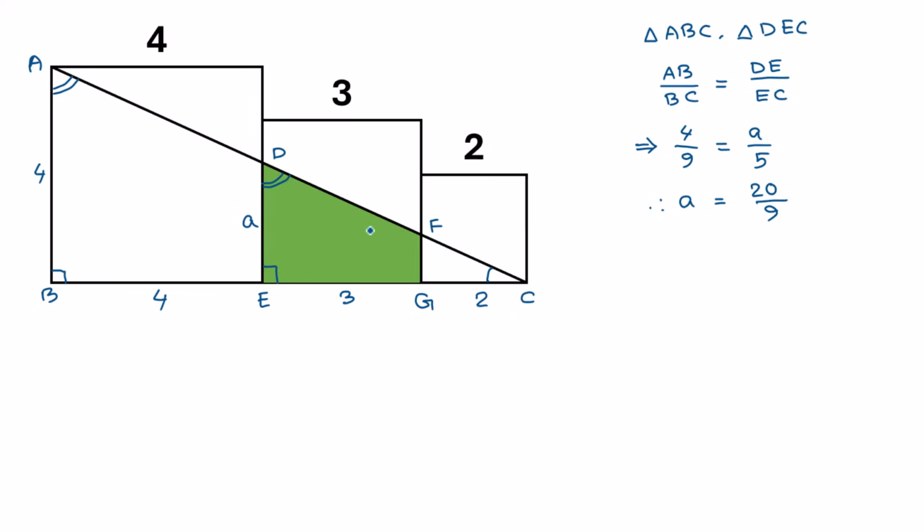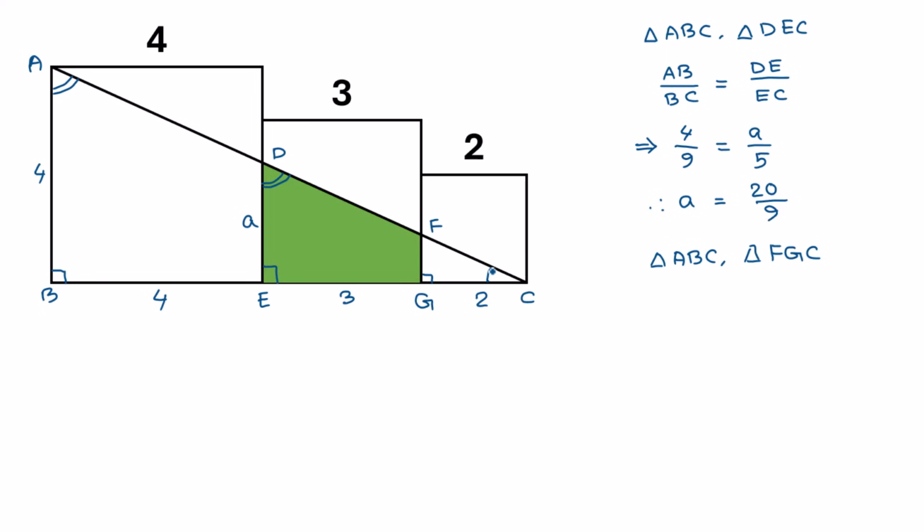Again, from triangle ABC and in triangle FGC. In these two triangles, the angle B is equal to the angle G because both of these are 90 degrees.